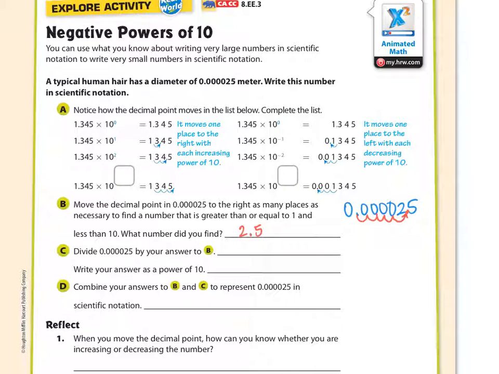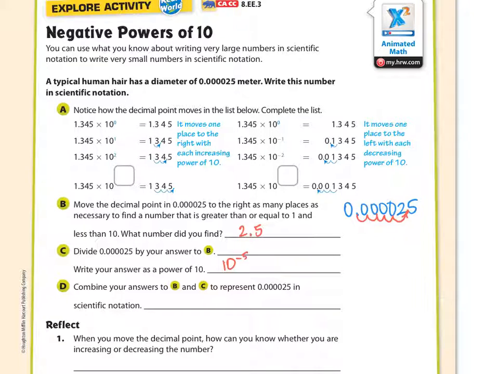Again, I could divide my original number by 2.5 to get my power of 10. But I'm not going to do that. What we can actually do is just count how many times I moved it. So I moved it 1, 2, 3, 4, 5. And because I started off with such a small number, this is going to be a negative exponent. So that's how you can remember. Super small number means my exponent of 10 is negative.